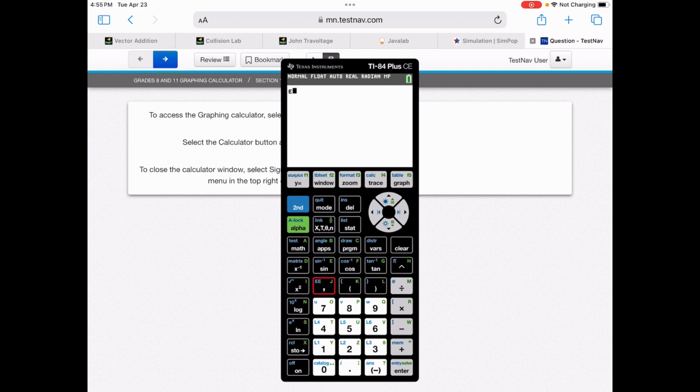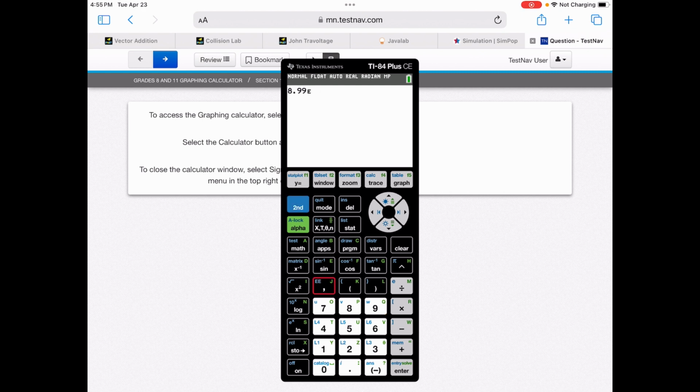Now, what that symbol means is literally times 10 to the power of, and whatever we say next is what we're telling our calculator to take it times 10 to the power of. That was a confusing sentence, right? I'll show you what I mean. Okay, so to enter the one we just did in the notes, we wanted to do 8.99 times 10 to the power of 9. So instead of going times 10 to the power of, I'm just going to go second E.